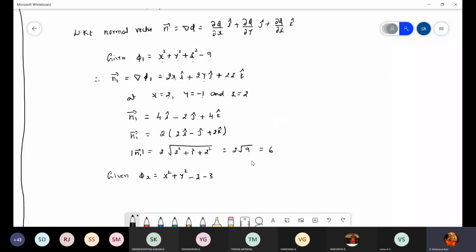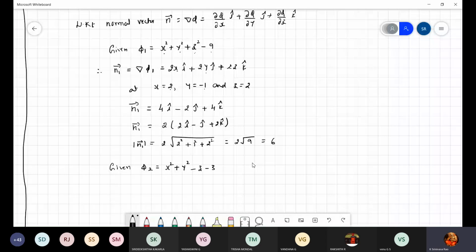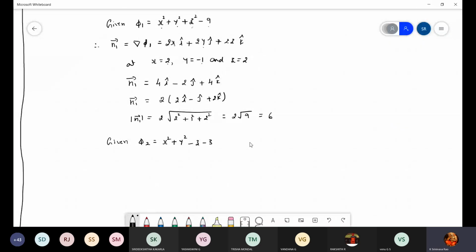So therefore n2 equals grad phi 2. Differentiate with respect to x. If you want, you can write the formula like this: dou by dou x of complete phi 2 into I cap.